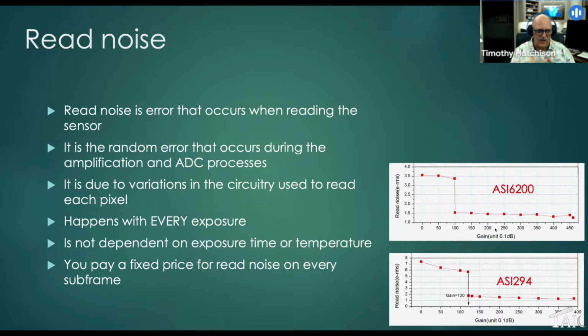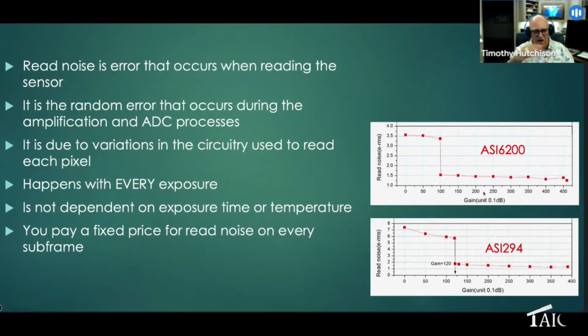That gain is how much we're increasing that voltage before we take that analog signal and turn it into a digital number. And that gain impacts our read noise. Typically, as the gain goes up, the read noise goes down, right? That's true of both CMOS and CCD cameras. As the gain goes up, the read noise goes down.